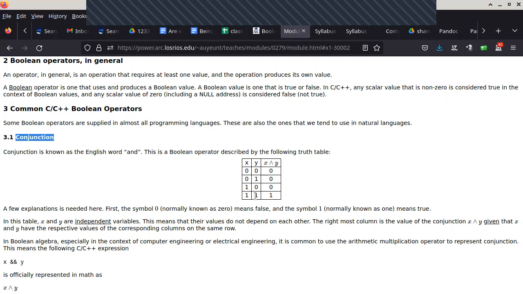Now, this is interesting, okay? If you have not been exposed to a Boolean truth table before, this is really cool because you cannot do this with integer operators. Like addition, you cannot just create a table that describes entirely what addition is all about. And that's because there's an infinite number of integers.